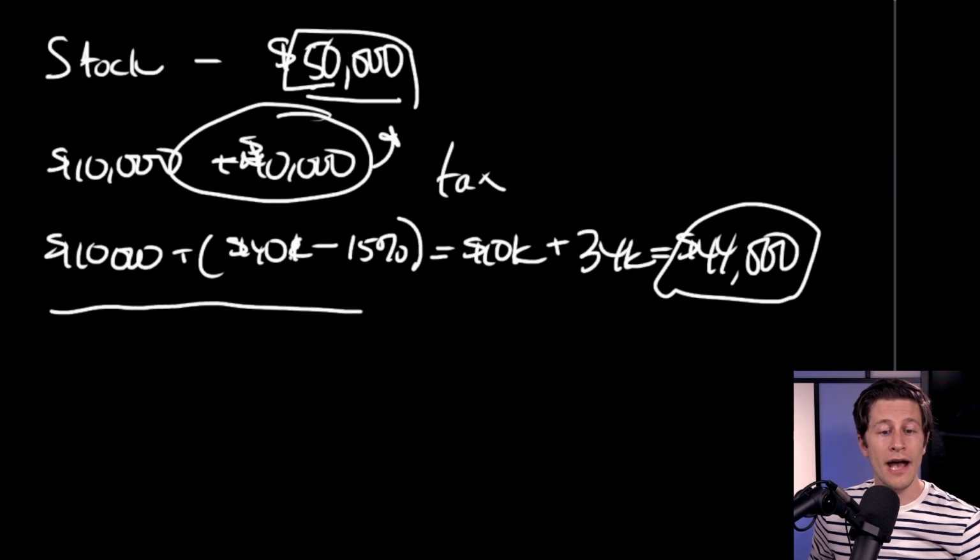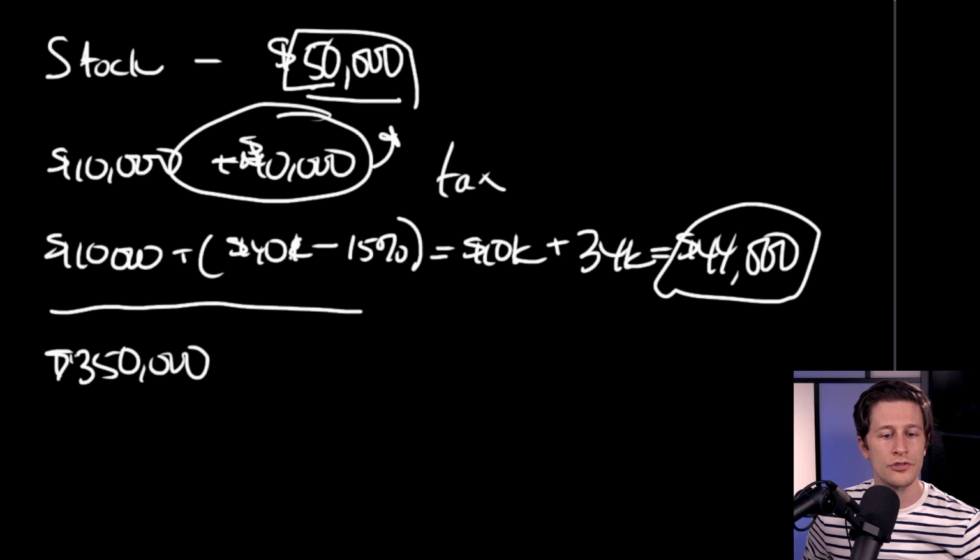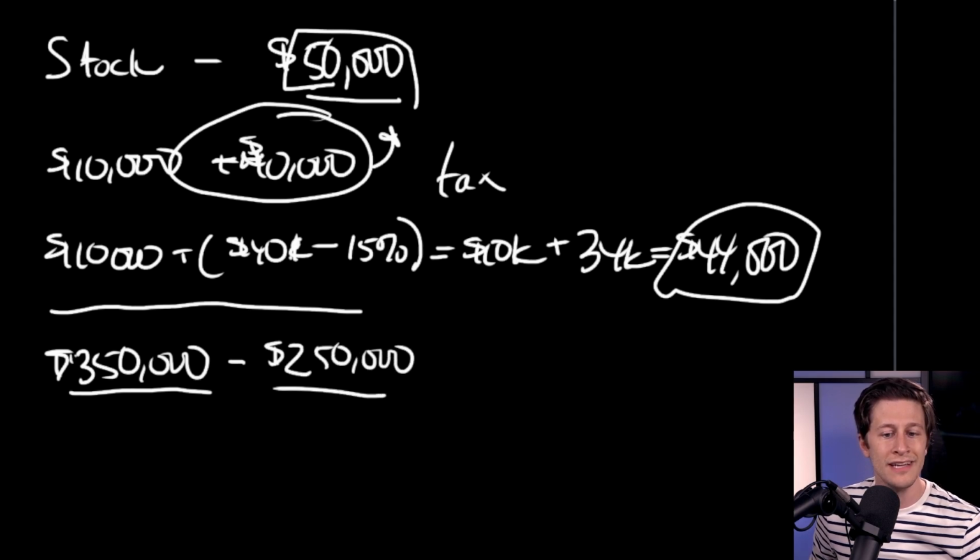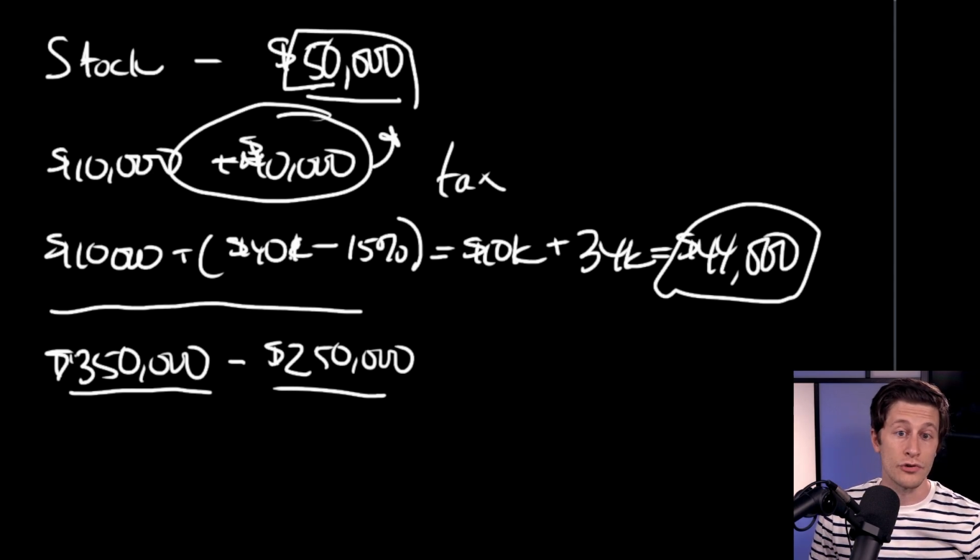Similarly, imagine your house is worth $350,000. Should you have it on the balance sheet at simply the value of the house minus the mortgage? I forget what the mortgage was that we made up, maybe 250. Well, there's an argument to be made that houses are relatively illiquid. Sure, you could get a loan against them, but if you actually want to sell the house, it takes some time. Realtors often charge 4 to 5% to sell the house.